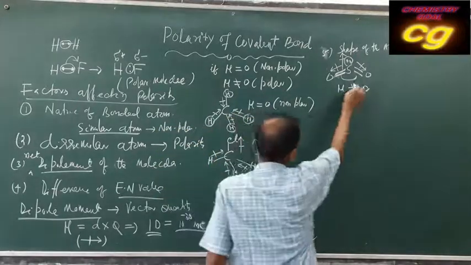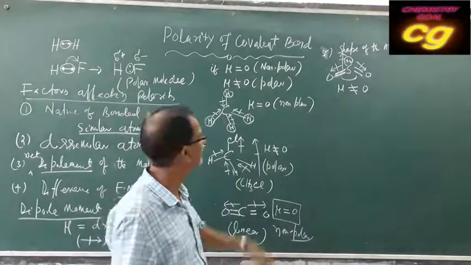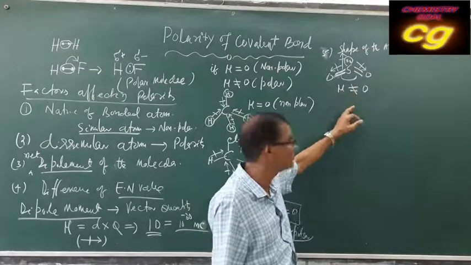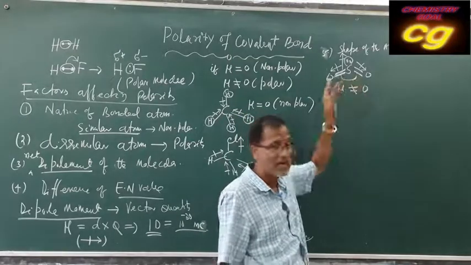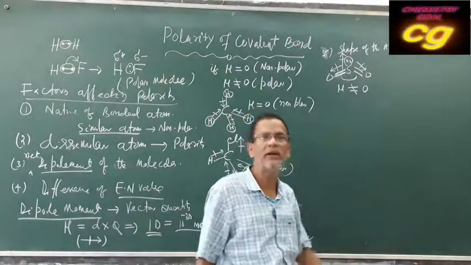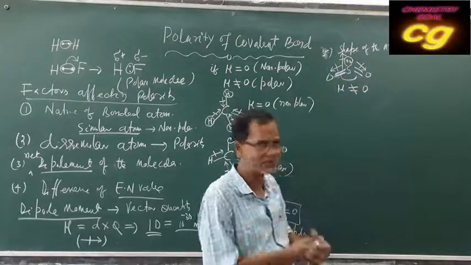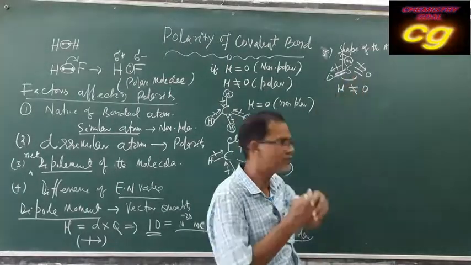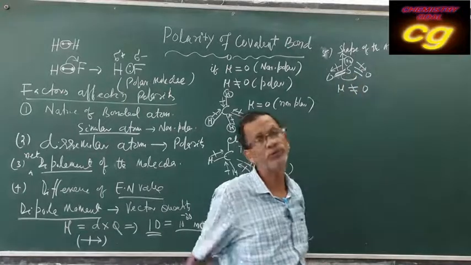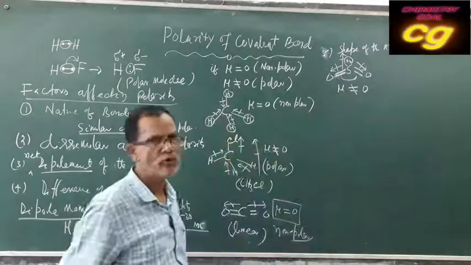That's why the resultant dipole moment will not be 0 and will not be cancelled, because of the parallelogram law of vectors. When two equal vectors have an angle less than 180 degrees, 180 being the highest value for cancellation, then it cannot be 0. That's why mu is not equal to 0.